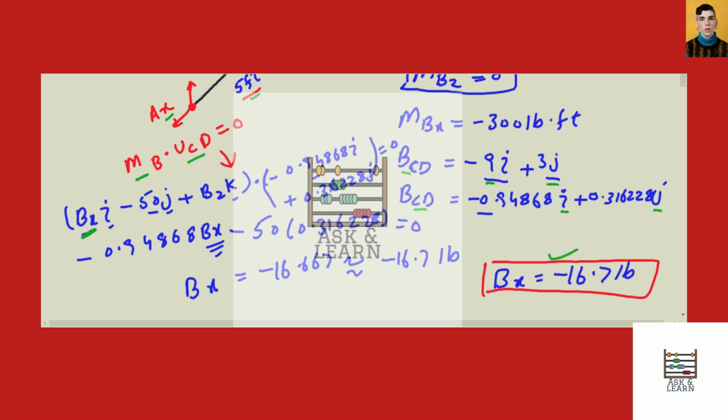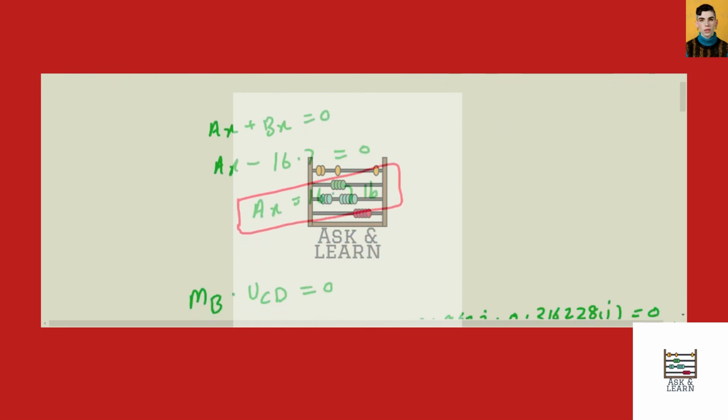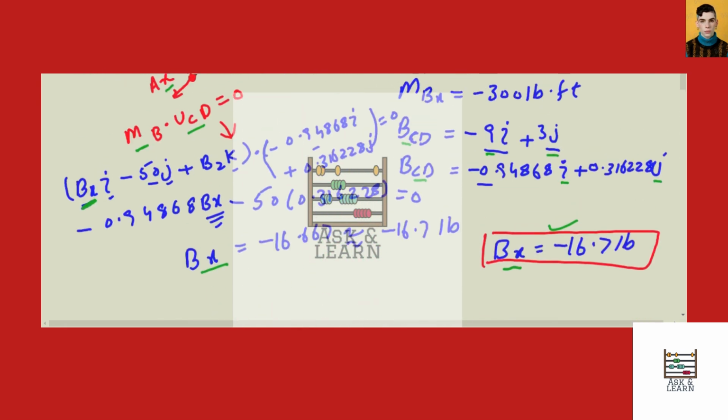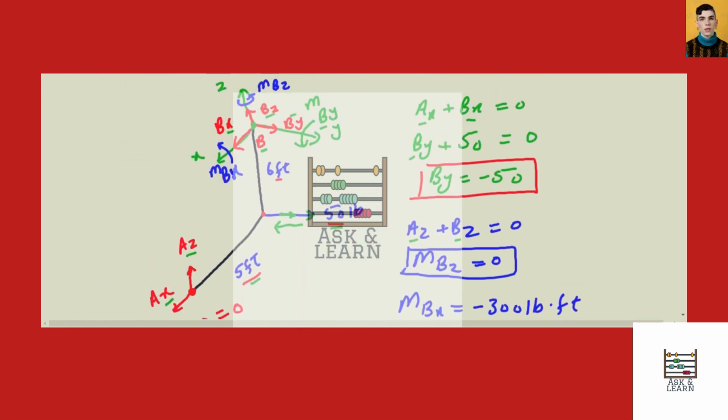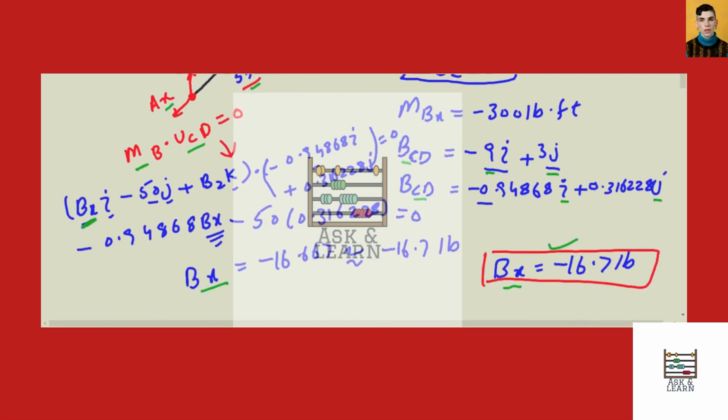After solving these equations simultaneously, we have found that bx is equal to minus 16.7 pounds, right? And here we have written a formula, which is ax plus bx is equal to 0. So once we put this bx here, we are able to find this ax, right?